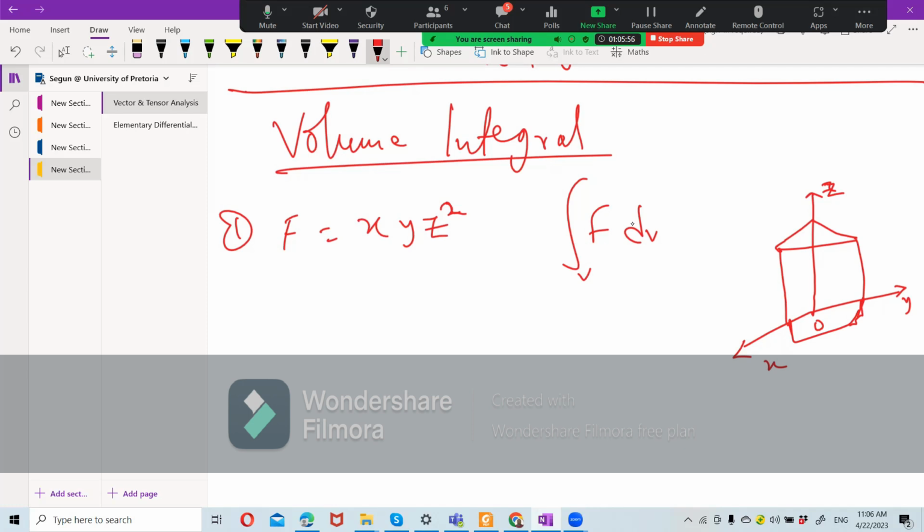In this case we have 0 here, and here we have 1, and then 3. We have x and y.